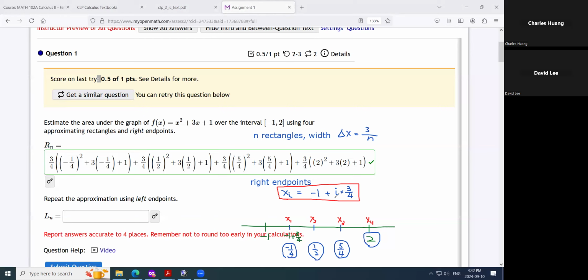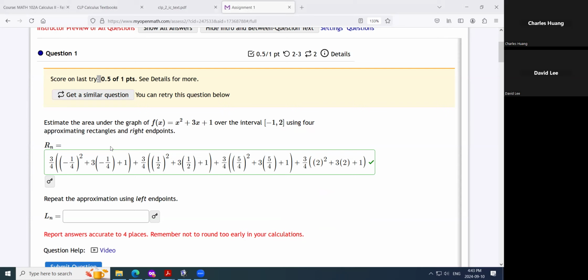Each of the endpoints will look like this, but not have 3/4. It will have 3/n. We will then substitute this into our formula, get a very ugly algebraic thing, and then do the limit. So it's a little bit ugly, and we're only going to do that with very simple examples.